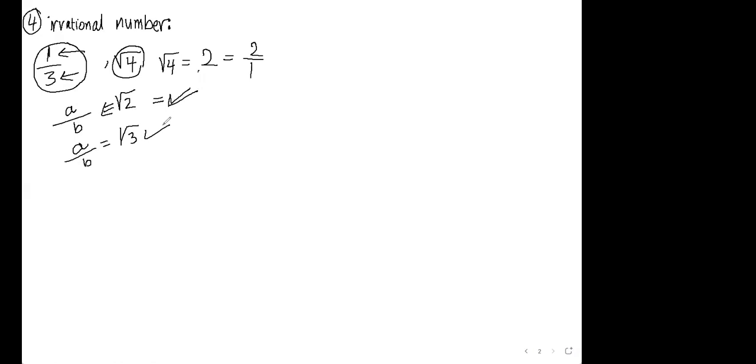So I can define the irrational numbers as the set of any number I cannot write as a ratio of integers.